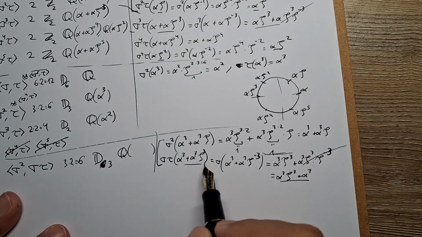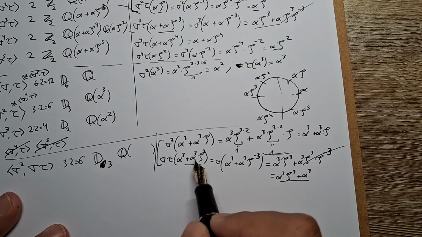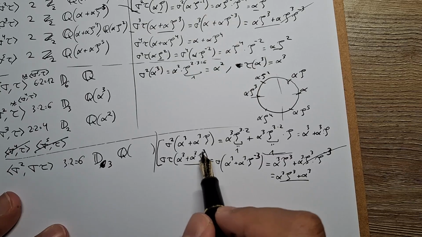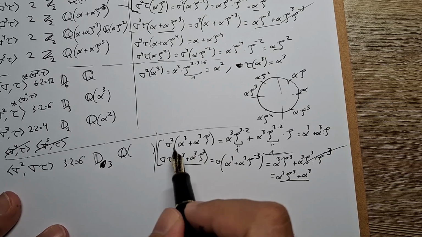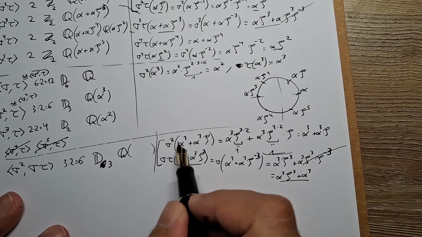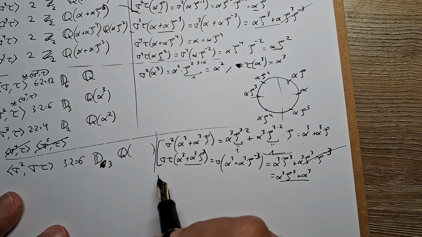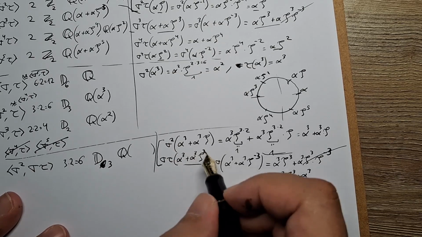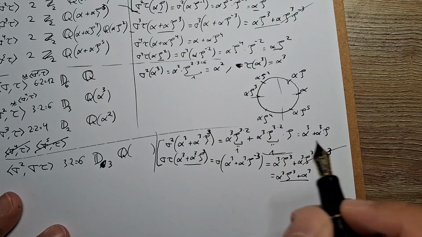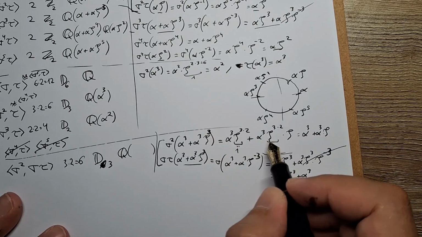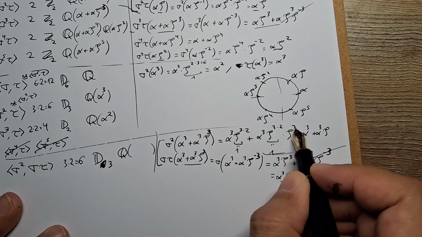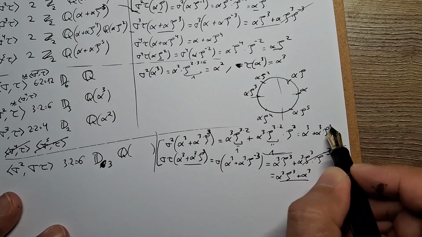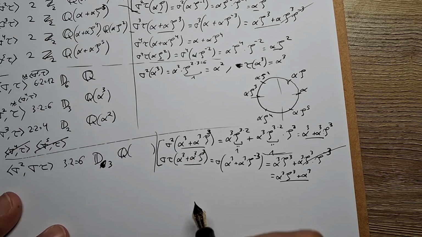Would this element, alpha to the power of 3 plus alpha to the power of 3 multiplied by theta to the power of 3, also work in the previous try of the automorphism, sigma to the power of 2? So if we put a 3 here, what happens? This is still the same, this is the same, then here we have a 3, which is the same as we had here.